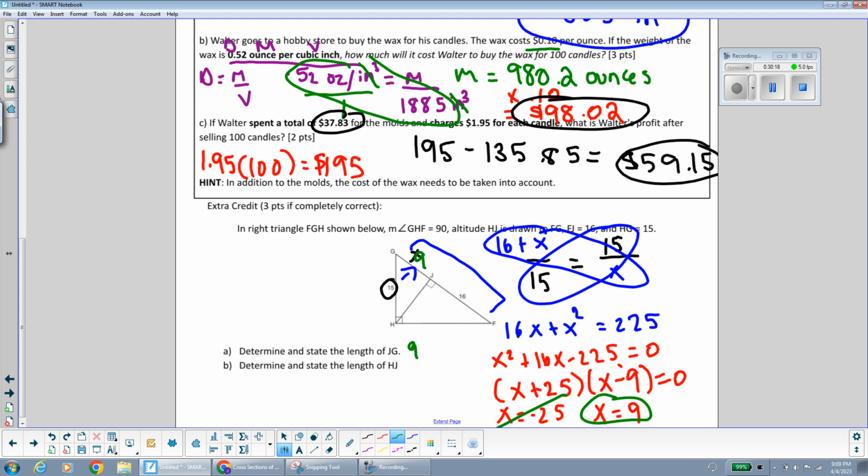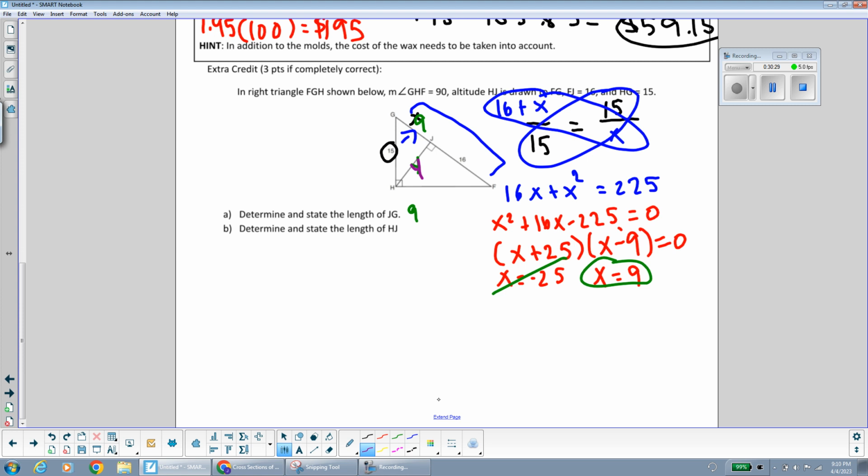Now, we need to find the length of HJ. HJ is the altitude. Let me use a different color. And we know that the altitude is the mean proportional. That means it gets written twice so that it's cross multiplied by itself between each part of the hypotenuse. So one part of the hypotenuse is 9, we just found that. And the other part of the hypotenuse is 16.